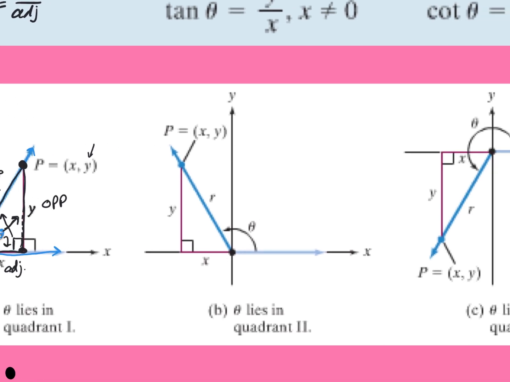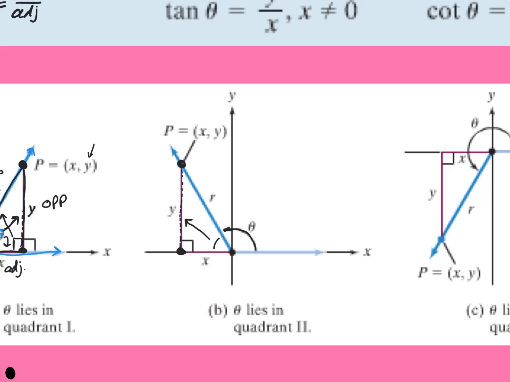And I can do the exact same thing in the second quadrant, right? I can take a point in the second quadrant and drop it so that the point touches the x-axis. And then if this is my angle theta, I have another little angle inside of here where I can create a right triangle as well, right?